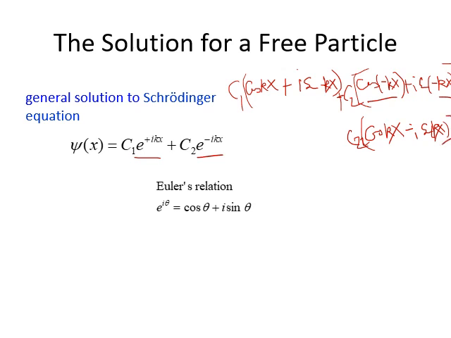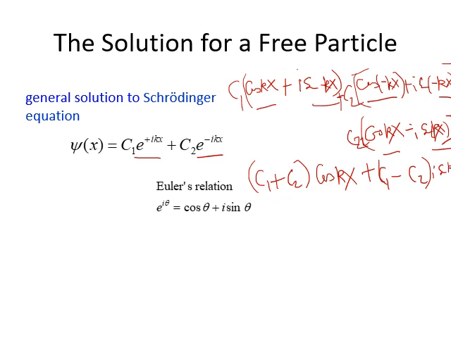So combine cosine kx, so you have C1 plus C2 times cosine kx, and combine sine kx, so you have C1 minus C2 times i sine kx. Now C1 and C2 are both constants, so we can use one constant A for cosine kx, plus this C1 minus C2, which is also constant, and i, so we put together as B sine kx.